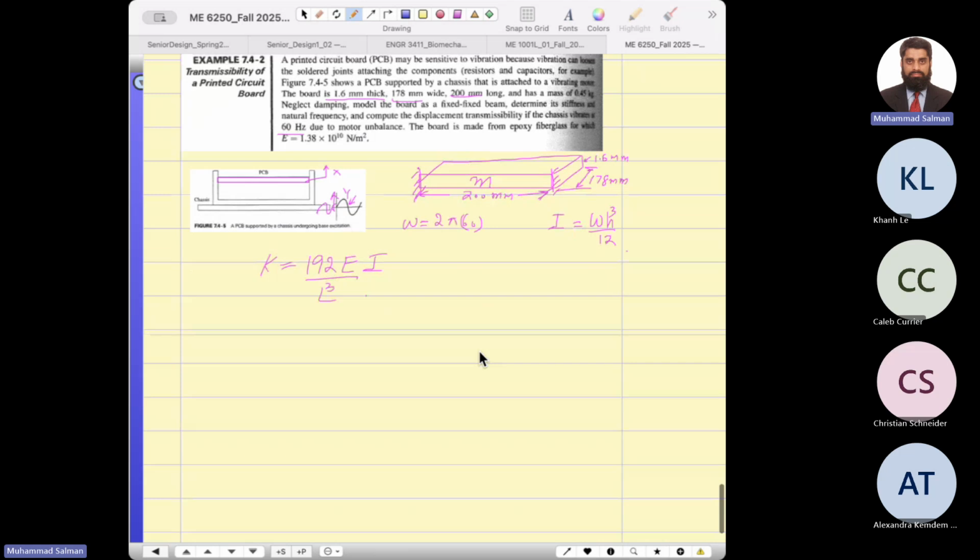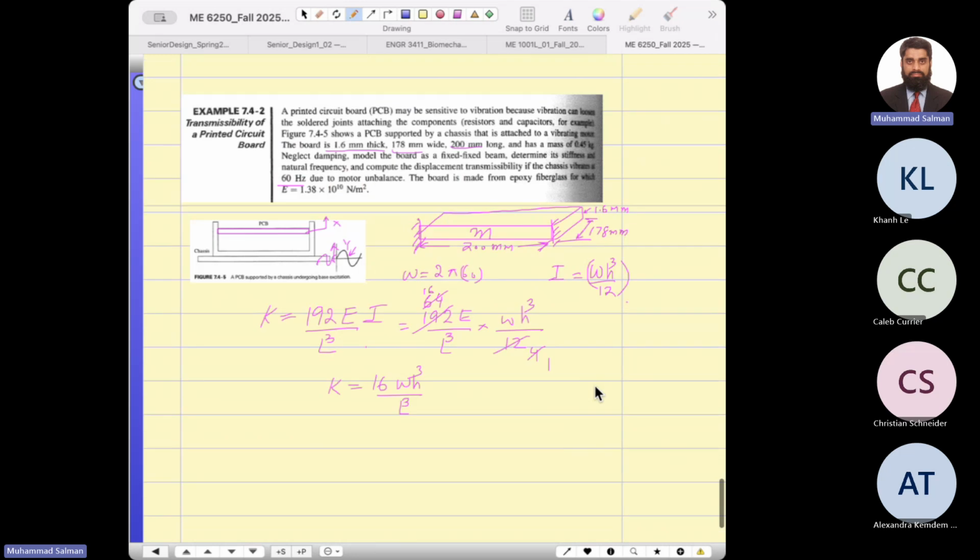So let me write down the value in the form of WH cubed. So I can write 192 E over L cubed times W H cubed over 12. Three fours are 12, three sixes are 18, three fours are 12, four ones are 4, four sixes are 24. So 16 WH cubed over L cubed. This is also the stiffness formula for the fixed beam.